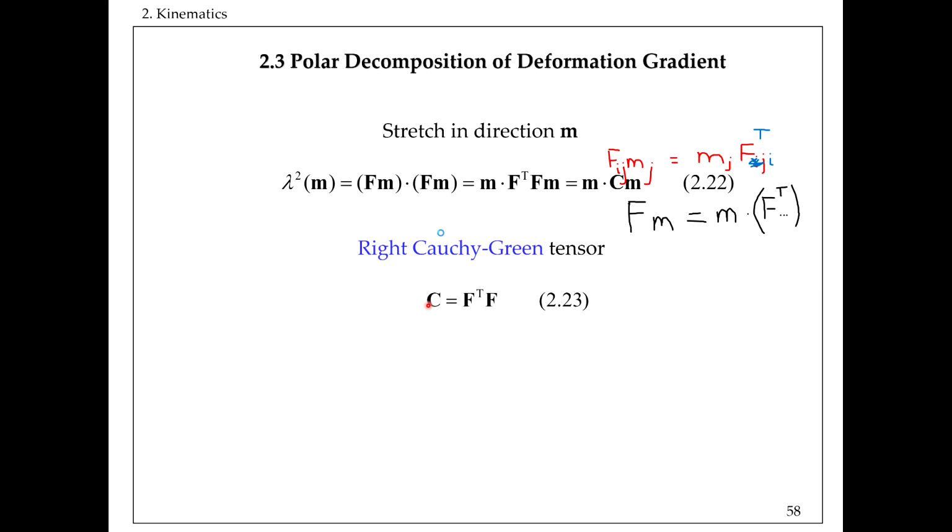We'll use it a lot. It's another measure of deformation that contains this quadratic term in the deformation gradient, and it's also related to the quadratic term in stretch. This is the stretch ratio in a certain direction, so C is related to this change in an arbitrary direction m. And so what we can now write is the following.